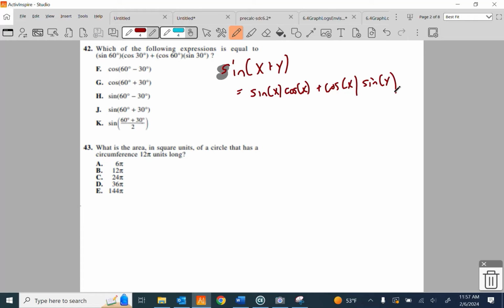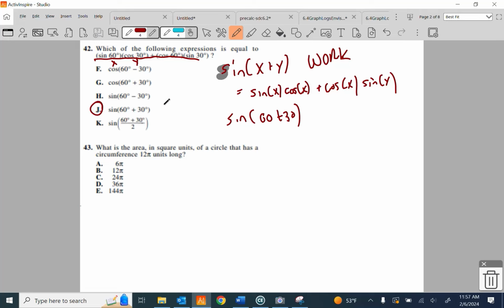So I kind of notice a lineup process here. This is x, this is y. I'm actually looking at the sine of 60 plus 30. You had to know a formula, as this one. So here's your work. Now here's how you cheat. These are degrees.